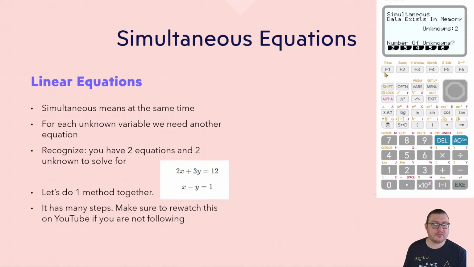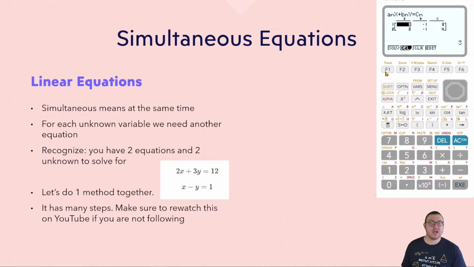The number of unknowns here is 2, and you're always going to be pressing 2. And now it's important that you always write your equations in that form that we have on the side, where the x's and the y's and the numbers are matched underneath each other. Because now all we need to do is substitute in our values. One part that we had was 2x plus 3y is equal to 12.